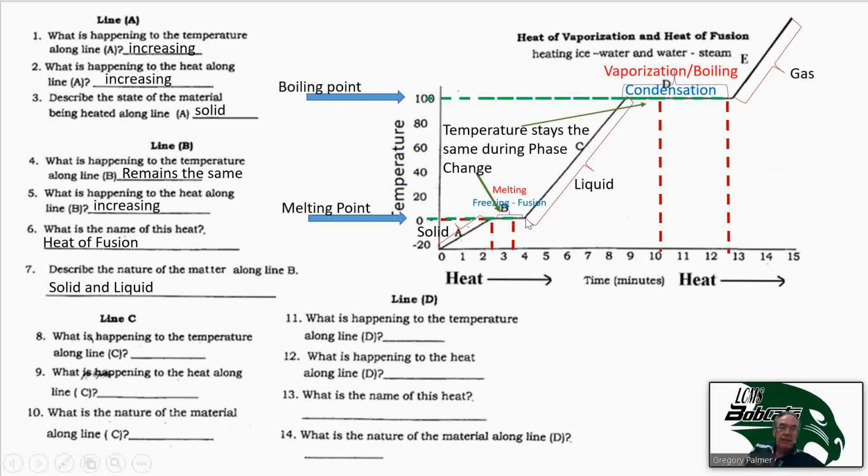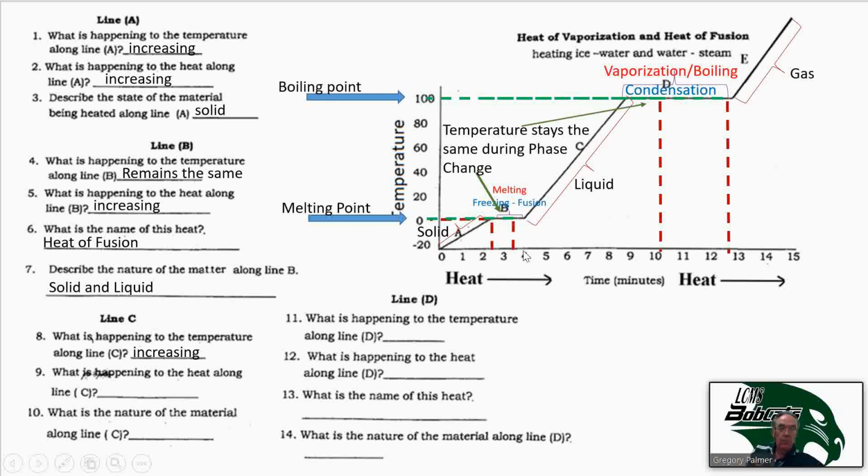And next it asks us about line C. So when it asks us about line C, we're going to look down to the x-axis here. As we said, line C goes from about 4 to about 9. And on the y-axis, line C goes from 0 to 100. So what happens to the temperature along line C? Well, it goes from 0 to 100, so it's increasing. What happens to the heat along line C?